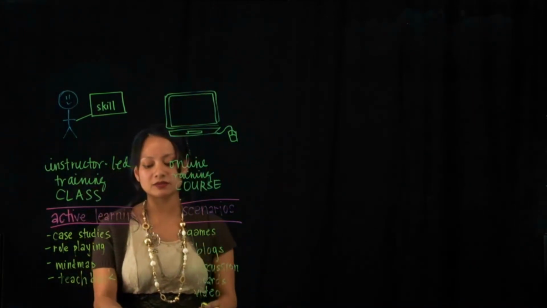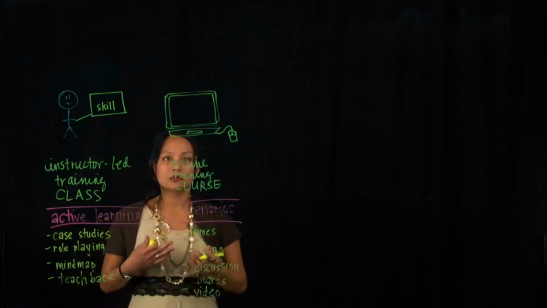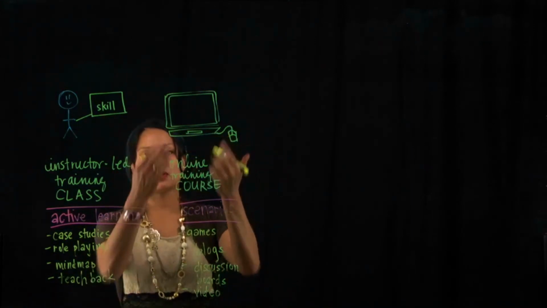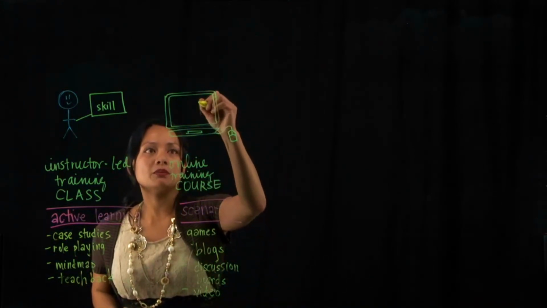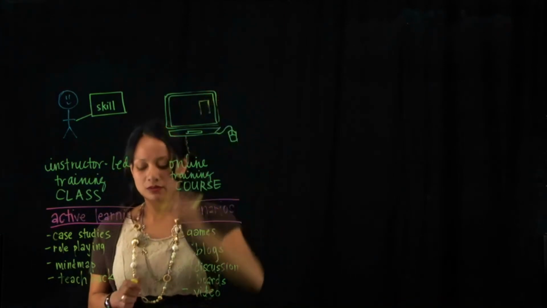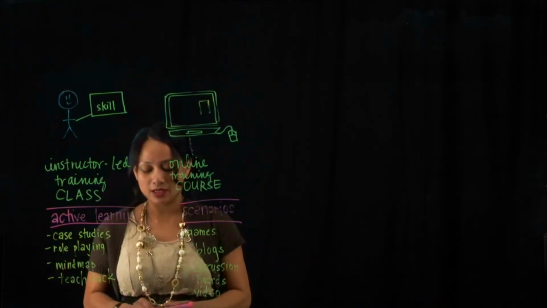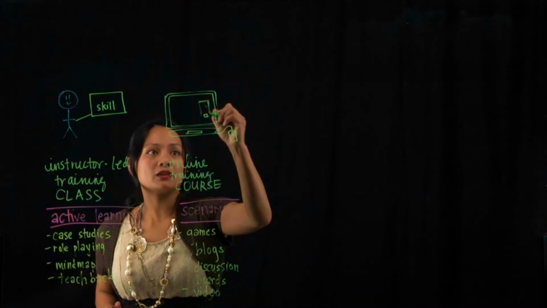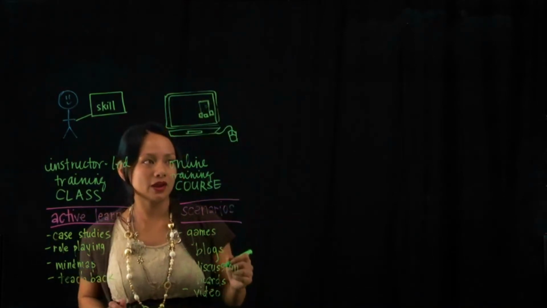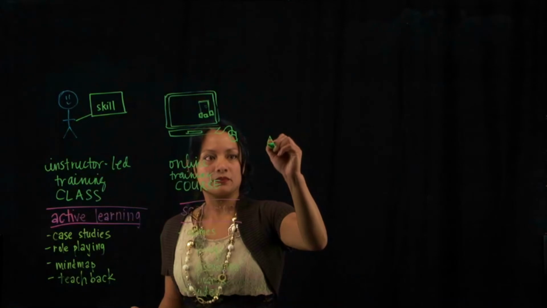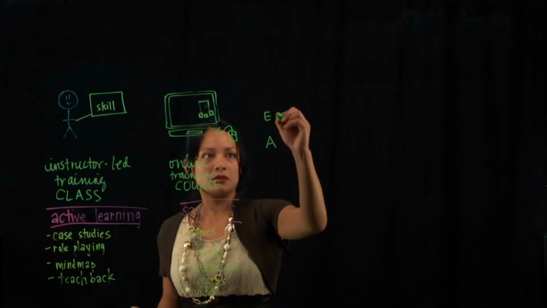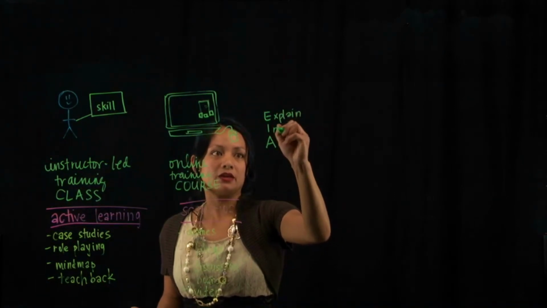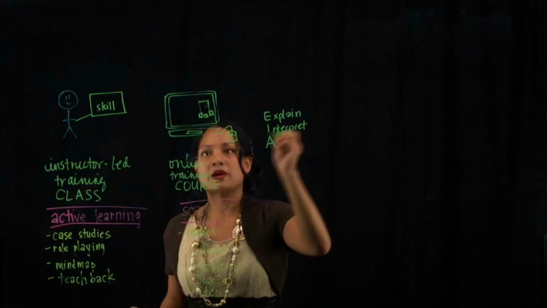So some of the more effective online training courses we've developed actually get away from putting so much text on the screen and get into bringing people into the scenario as if in, for example, a game. So some of the games I've created, for example, have a door and there's some things blocking the door, and I always ask one of these questions: whether people can explain what's happening in the scenario, interpret perhaps a symbol.